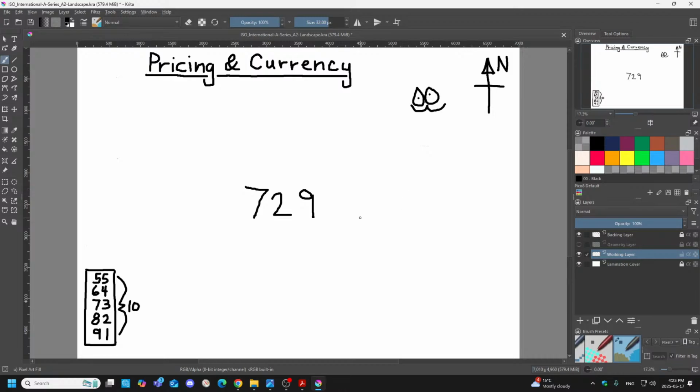Ones, tens, hundreds. So we're going to look at this. This is all less than 50, right? So therefore, there's no rounding up. So rounding to the nearest hundreds would be 700. Let's do another one quickly. 5.82.